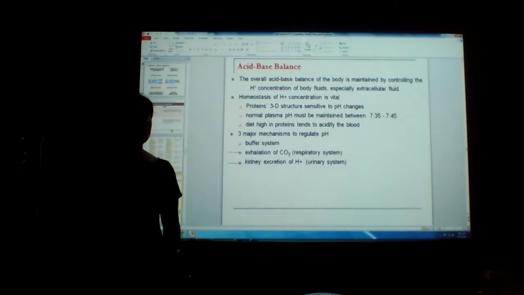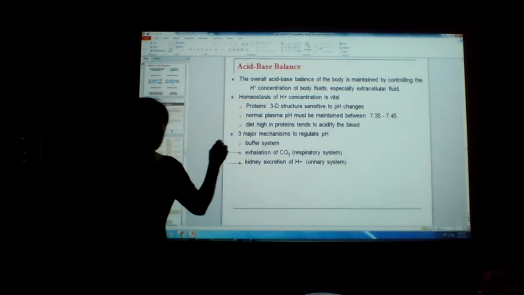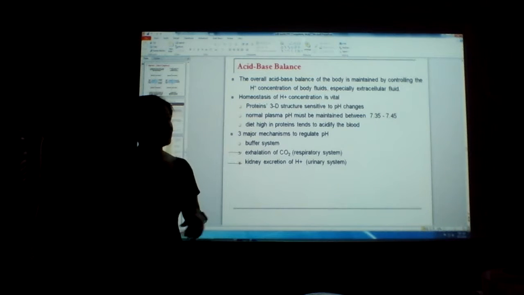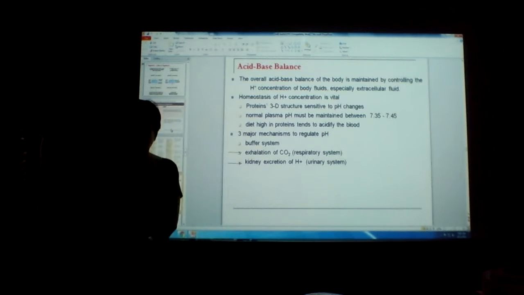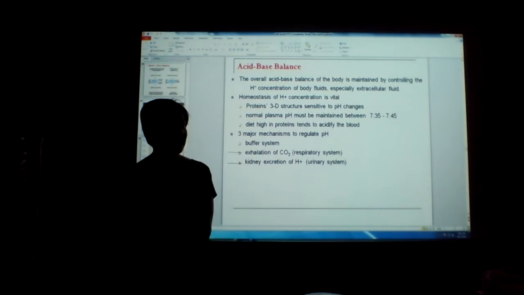We build up acid products or basic products, not in your kidneys or your lungs right away. Maybe they're built up in your legs or in your brain, wherever. So that's what you have to send, right? The acid product that was built up, let's say in my legs because I'm running, has to move.